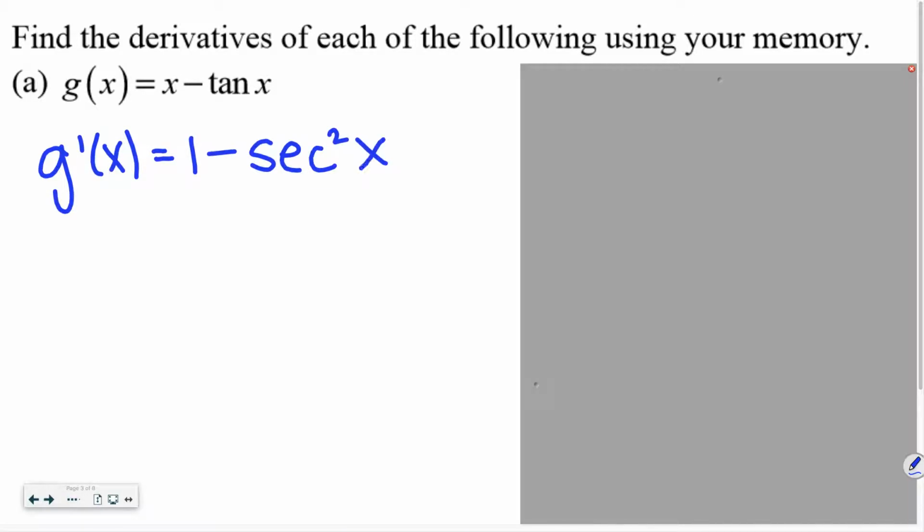Chris, is she right? The derivative of x is 1. The derivative of tangent is secant squared. There you go. It's as simple as that.